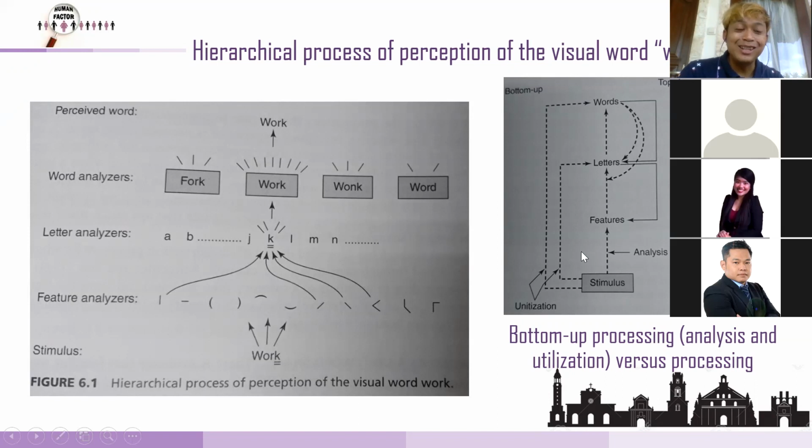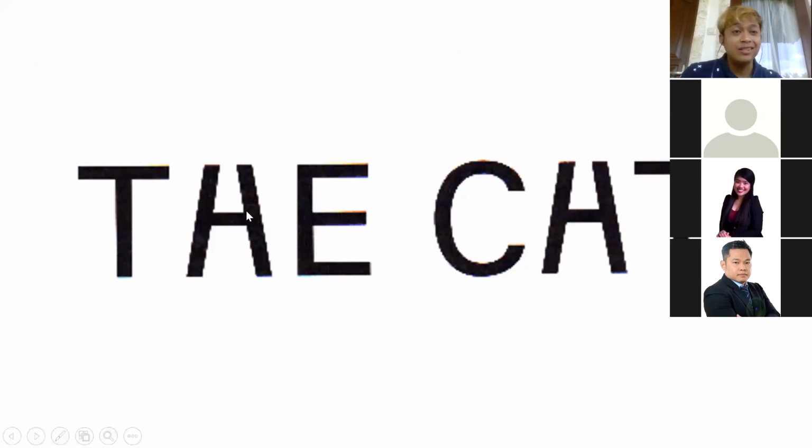But after certain years, we identify that one top down. We don't do it bottom up. We do it top down. Let me show you something. The middle letter here, both are identical. But why do we know which one is H and which one is A?